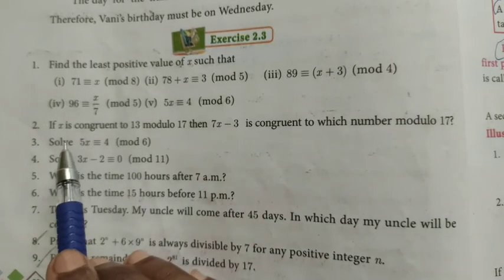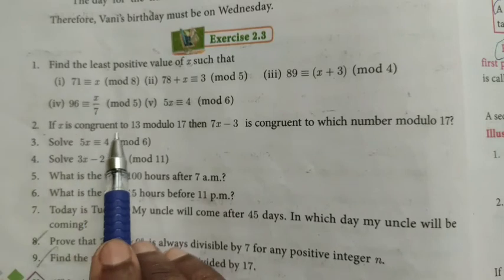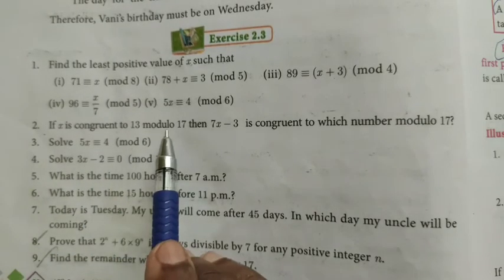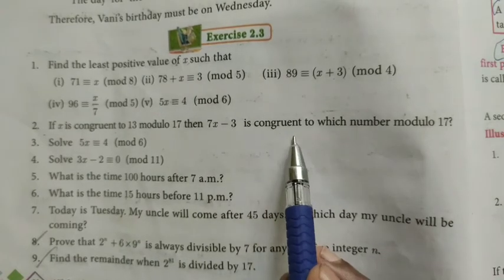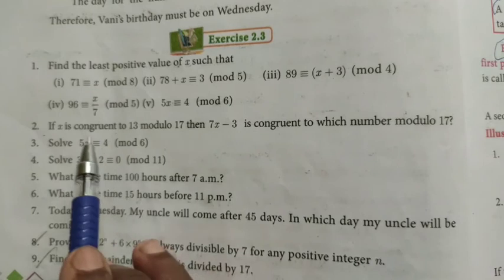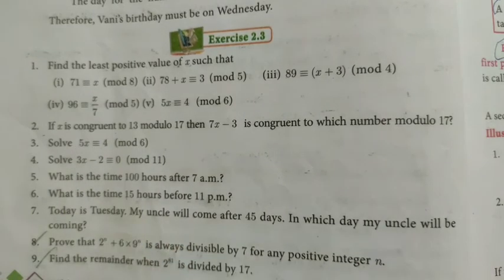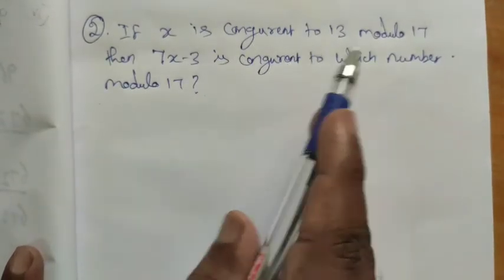Okay, let's see question number 2. If x is congruent to 13 modulo 17, then 7x minus 3 is congruent to which number modulo 17? The given condition is x is congruent to 13 modulo 17.